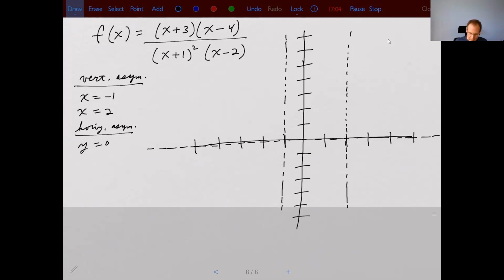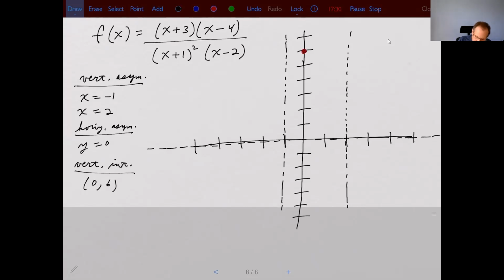Okay, what else do we know? We know that there was a vertical intercept at the point 0, 6. So somehow it has to pass through this point right here, 0, 6.